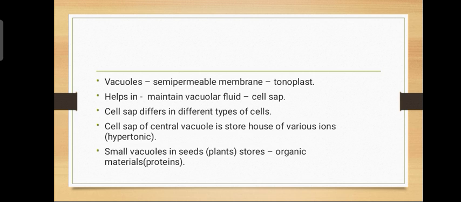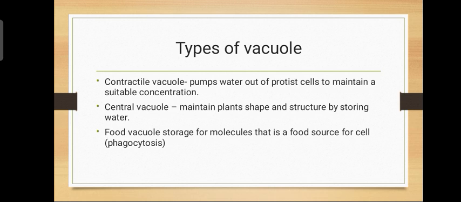Coming to the types of vacuoles, mainly three types are present: the contractile vacuole, the central vacuole, and the food vacuole. The contractile vacuole pumps water out of the protist cell to maintain a suitable concentration. That is, it balances the water.